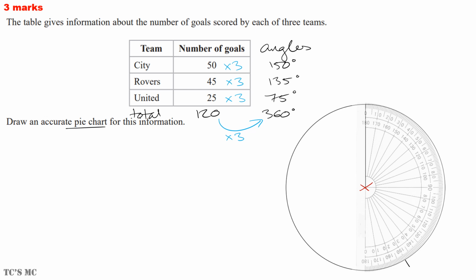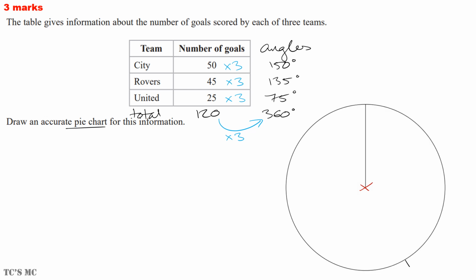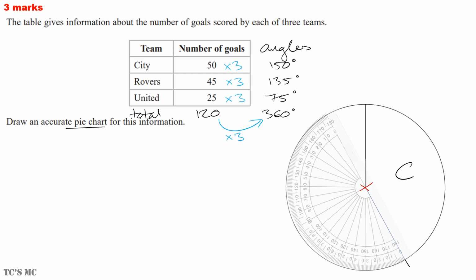Now I can move my protractor. I need to get my ruler and join up the center with the mark I've drawn. I can now label this C for city. Now I'm going to get my protractor again and place it with the new line that I've drawn. Again, using the outside numbers, this time I need to mark 135 degrees.